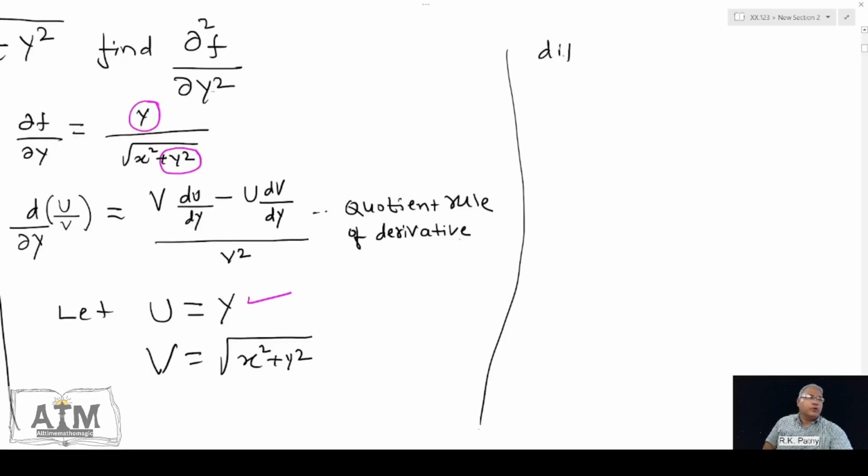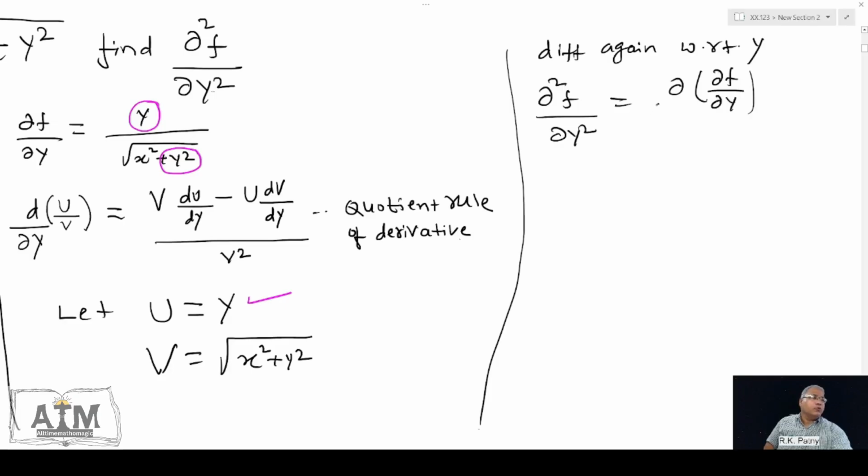So differentiating again with respect to y, dou 2f by dou y2 equals the partial differentiation of dou f by dou y with respect to y, which equals the partial differentiation of y upon the square root of x square plus y square with respect to y.